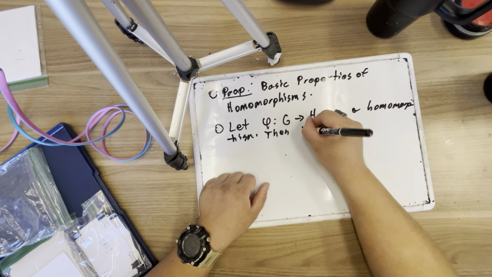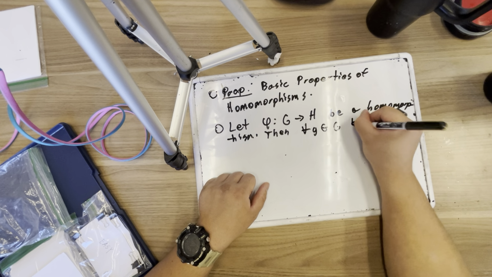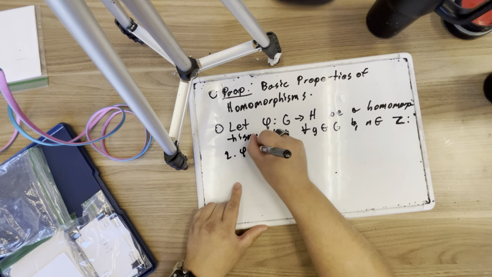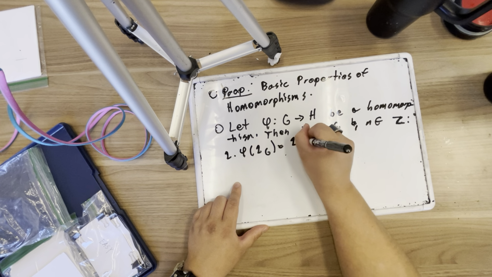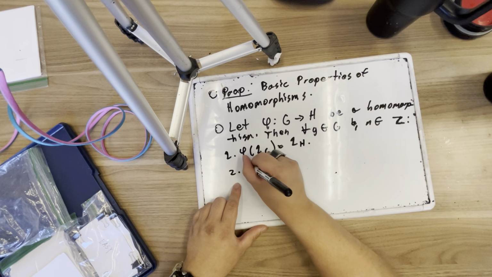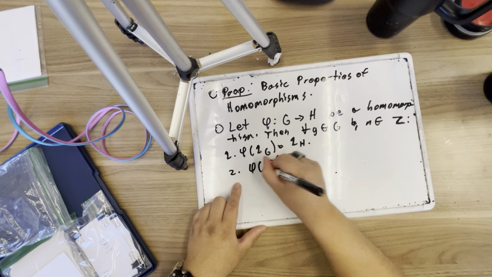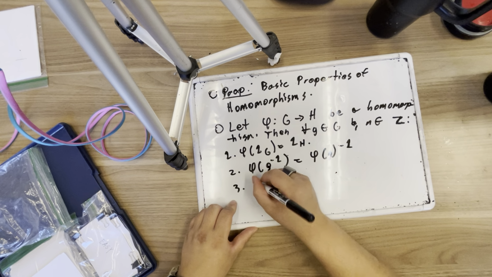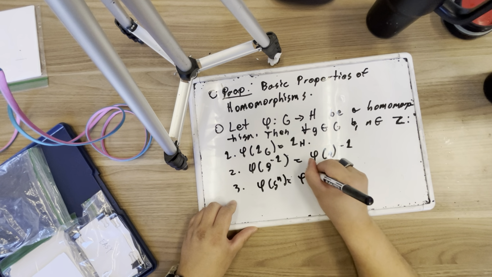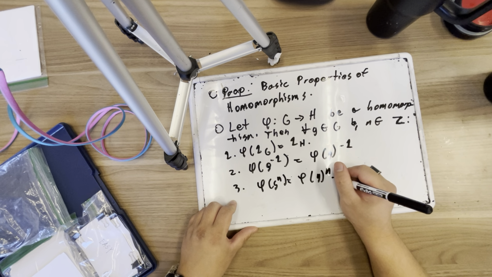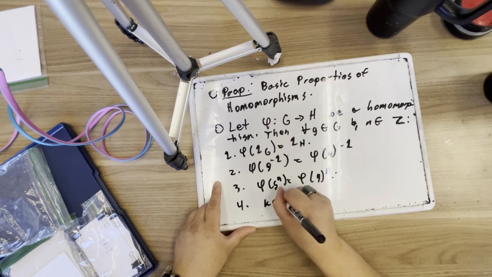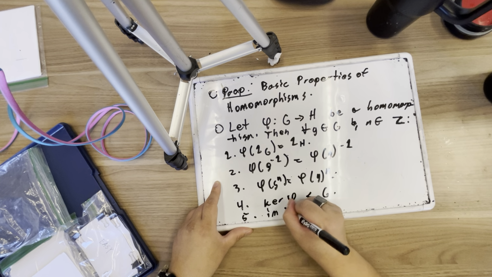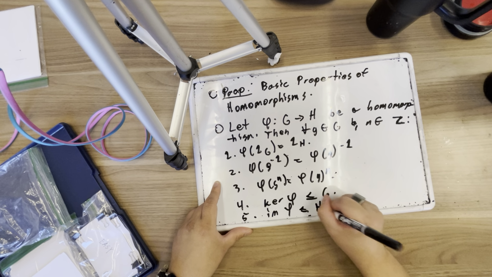Then for all g within the group G and n within the integers, we have that: one, phi of the identity of G is equal to the identity of H; two, phi of g inverse is equal to the inverse of phi of g; three, phi of g to the n is equal to phi of g to the n; and the kernel of phi is a subgroup of G, and the image of phi is a subgroup of H.